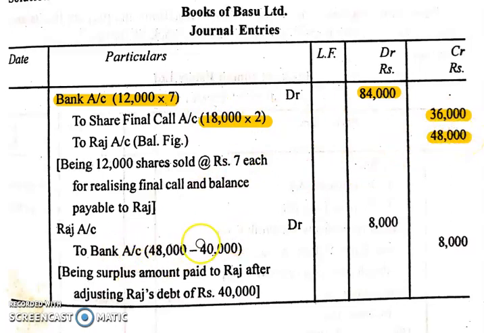Raj also has to pay 40,000 to them, so they subtract that from 48,000, and the surplus will be given to Raj. So that is Raj account debtor to bank. So this is all about lien on shares. You can try the exercise sum.